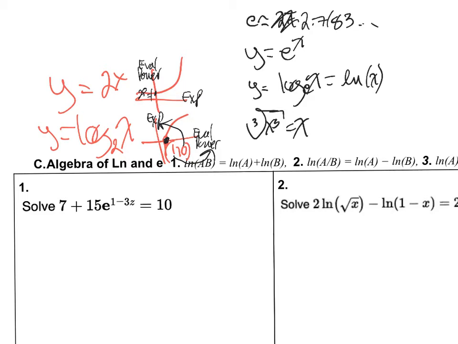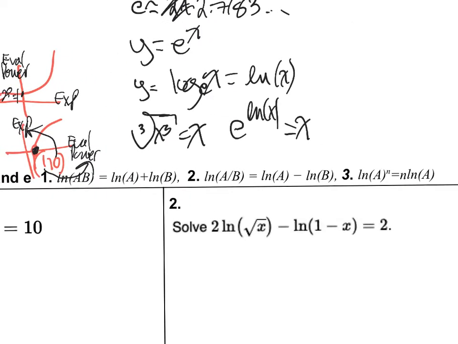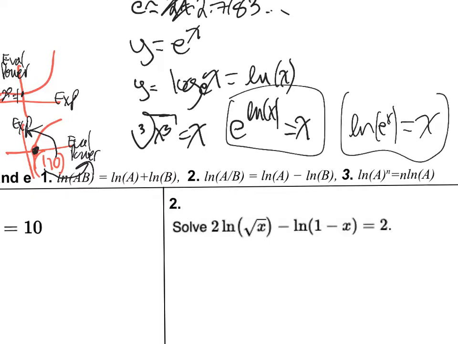Similarly, if you have e to the ln of x, that just equals x, right? Because ln is the inverse of e. And then of course the ln of e to the x would equal x. Okay, that's important. Those are inverse properties, and you learned that anyway with logs in advanced functions.